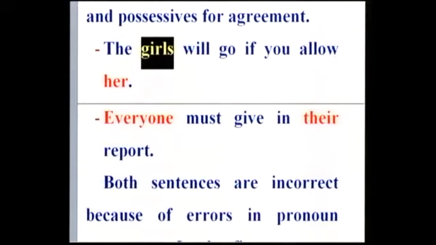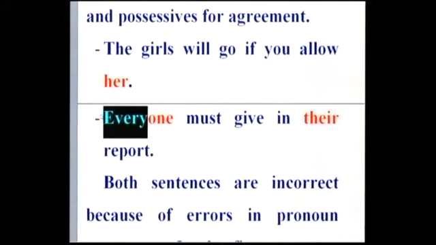Everyone must give in their report. Do not confuse everyone with a plural noun. يعني ما افتكرش ان كلمة everyone دي يعني كل الناس. لا, every ويمكن دي قلناها قبل كده.